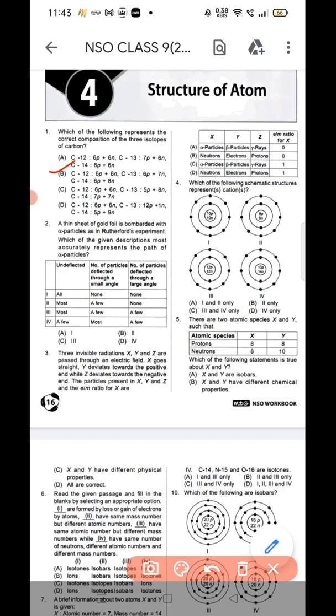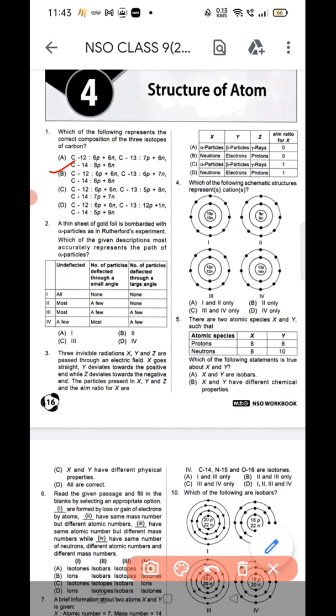Now question number 2. A thin gold foil is bombarded with alpha particles as in the Rutherford experiment. Which of the given descriptions more accurately represents the path of the alpha particles? Undeflected: all, most, a few.